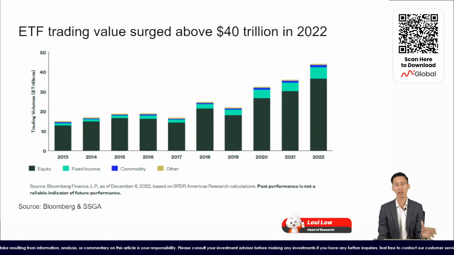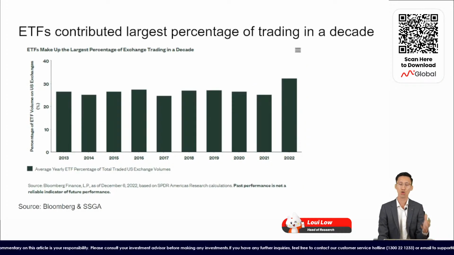So you can see that ETF trading value has surged to more than 40 trillion in 2022. And ETF has contributed to the largest percentage of trading in a decade. Throughout the past 10 years, it was ranging around 20-25%, but right now it is more than 30%, near to 32%, of the trading value in the stock exchange.